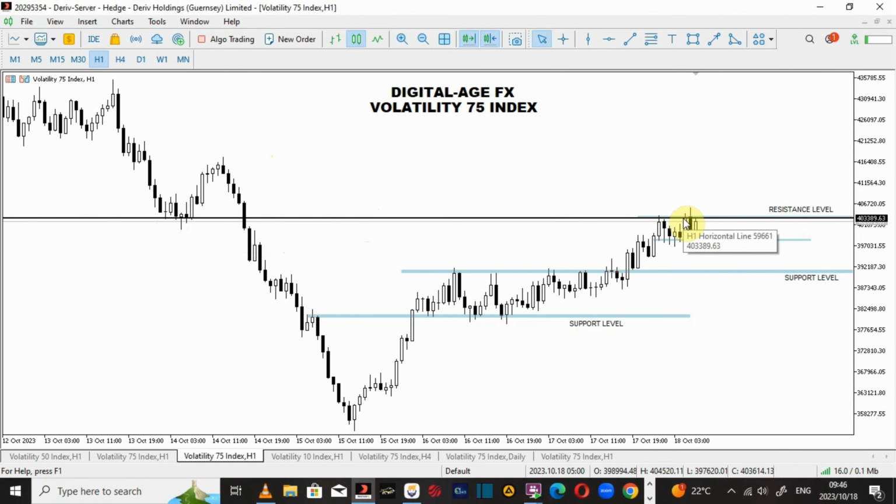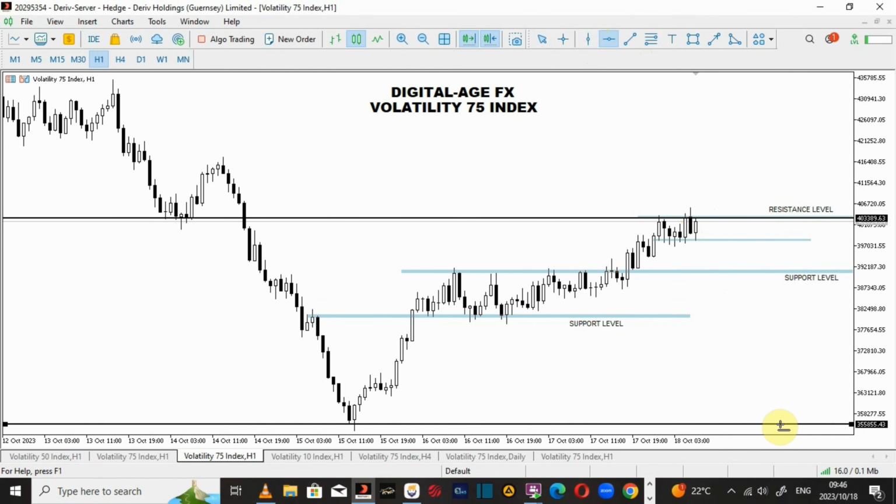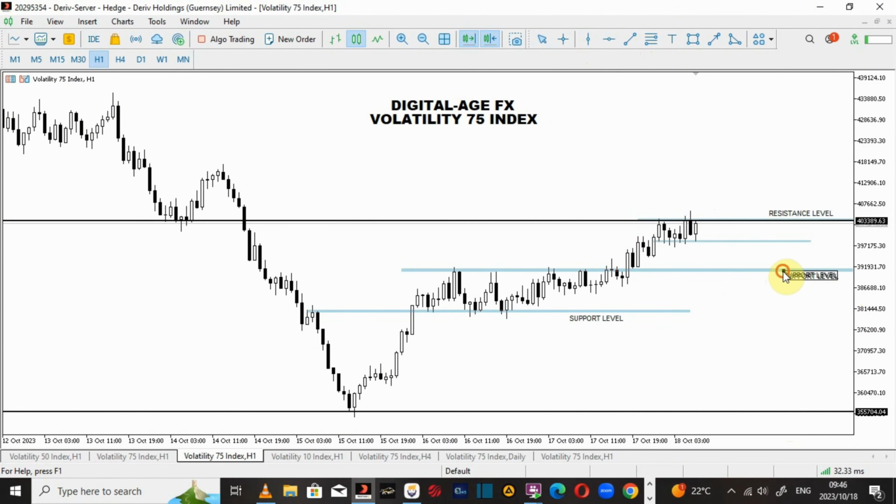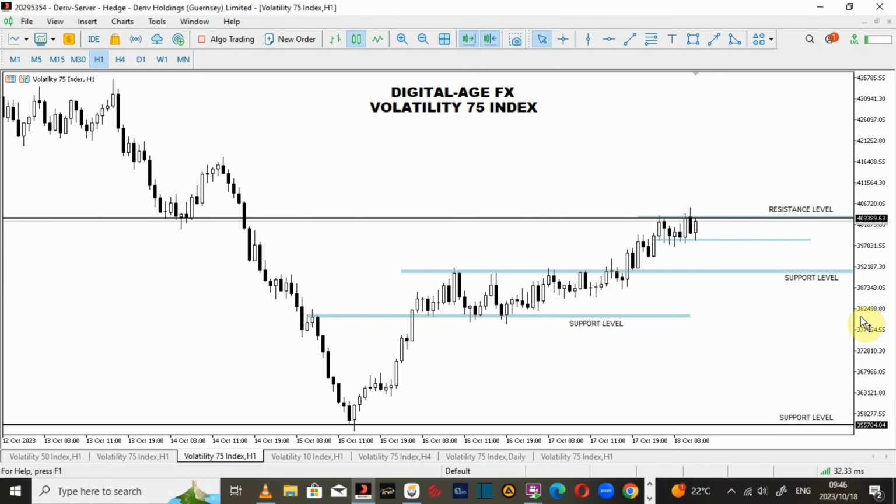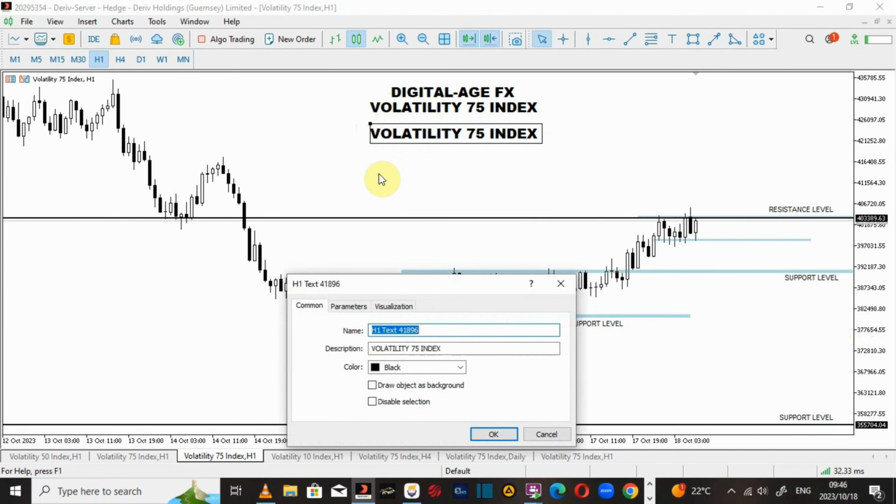From the looks of things, I'll just put the arrows to identify the outcomes of this market at the current price. We've got double outcomes. The market can retrace back to our support level, or the market can go even further to our supply, which is our resistance level that I will identify in the video right above.